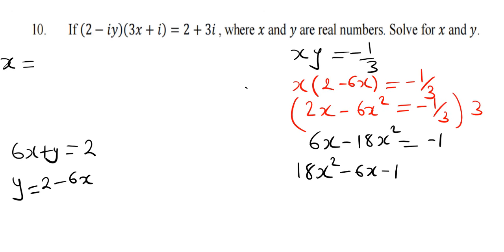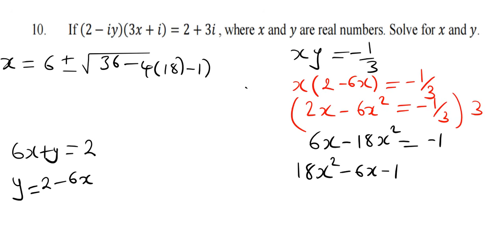Our b is negative 6, so we're going to have 6, positive or minus the square root of b squared, that is 6 squared, that is 36, then minus 4ac. Our a is 18, our c is negative 1.